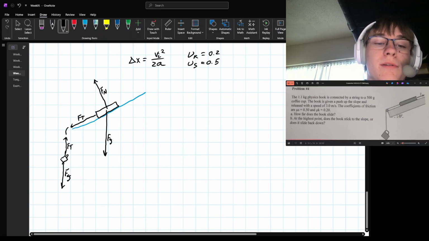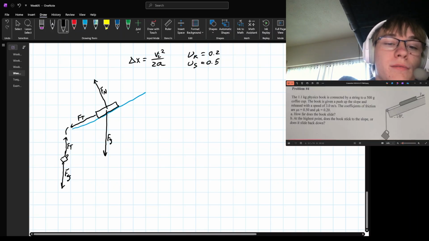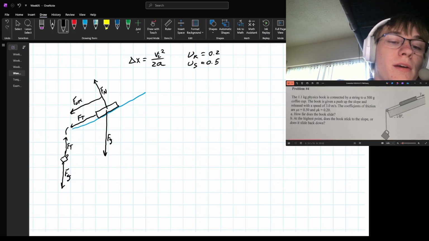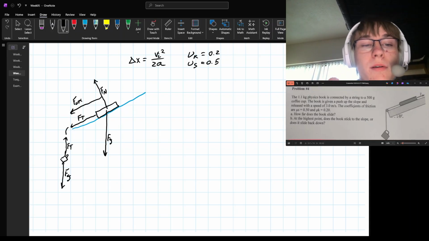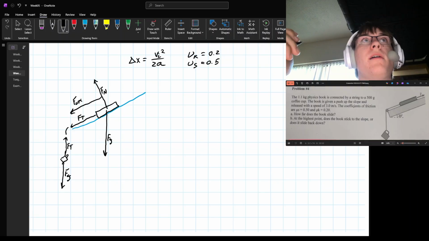Because it's moving upwards, our kinetic friction is going to face this way. We'll just call that U sub k. That's all for our free body diagram.